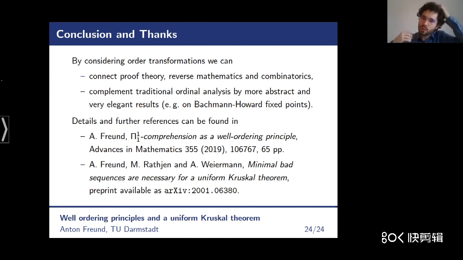And if you go into the more abstract, then you will certainly lose concrete combinatorial information, but you will also gain, I think, maybe more general, more abstract, insightful results. To mention one specific example, we have seen the definition of the Bachmann-Howard fixed point in this talk. If you recall, the definition had two crucial clauses.